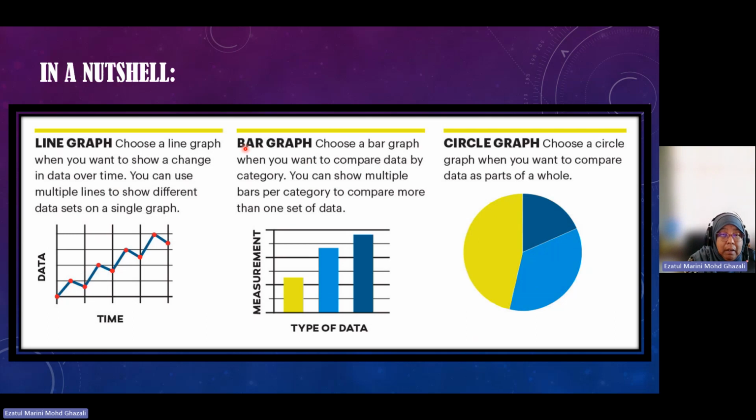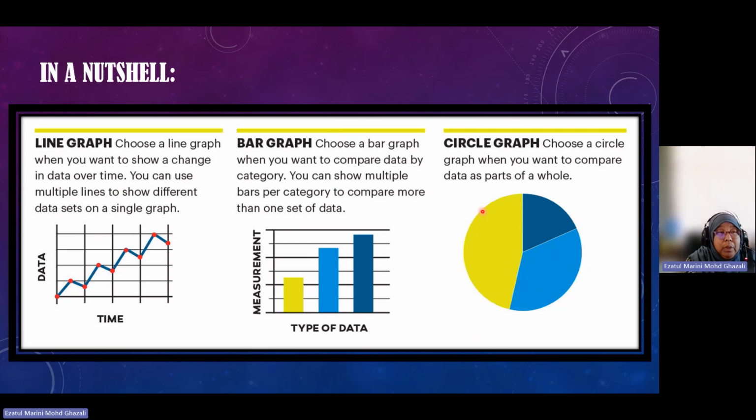And then a bar graph is used when you want to compare data by category. All right. You can show multiple bars per category to compare more than one set of data. And a circle graph or pie chart is used when you want to compare data as parts of a whole.